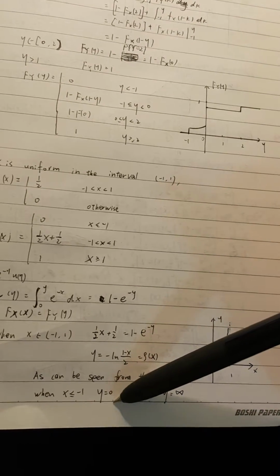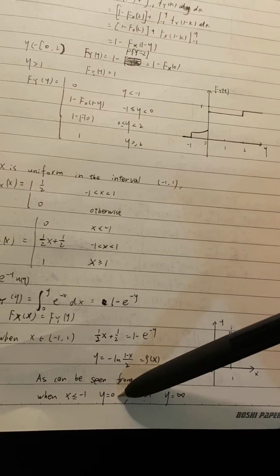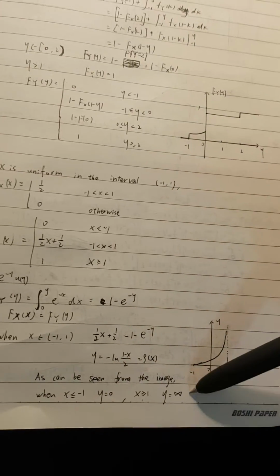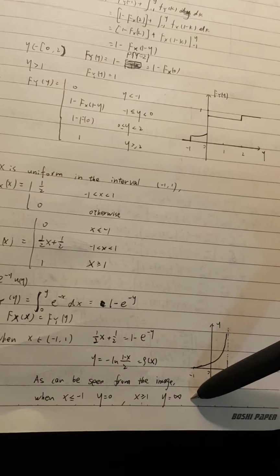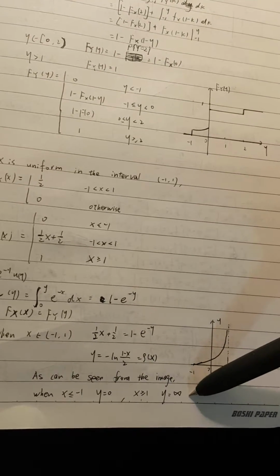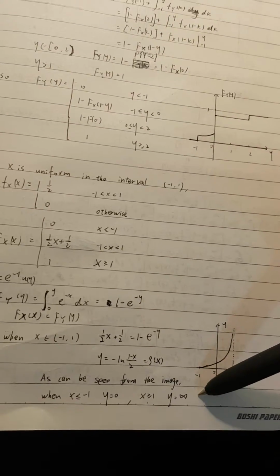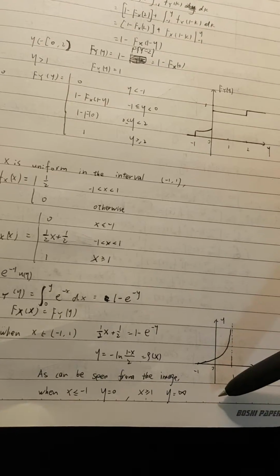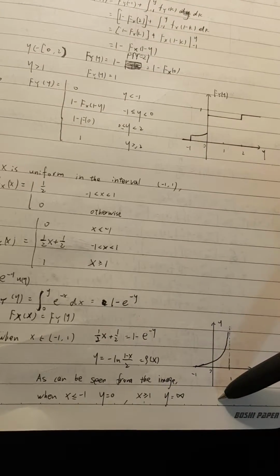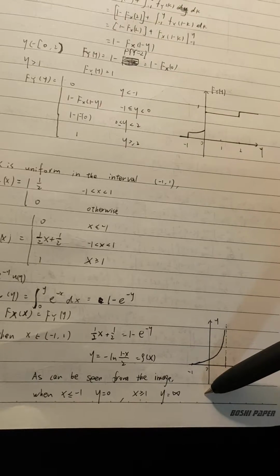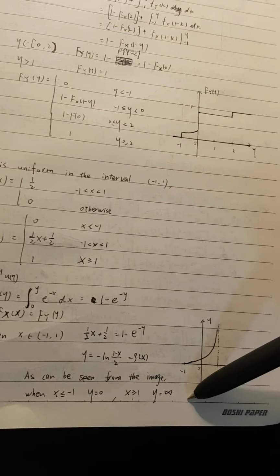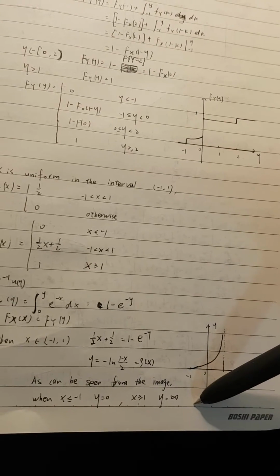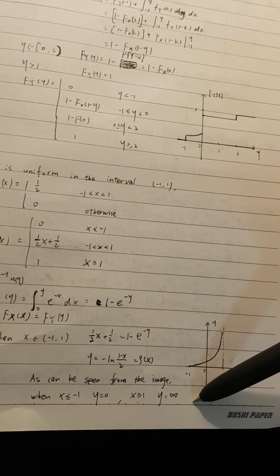This part I understand, but this part I have some problem. I do not know how to prove it, because I think when x goes to 1, y goes to positive infinite.